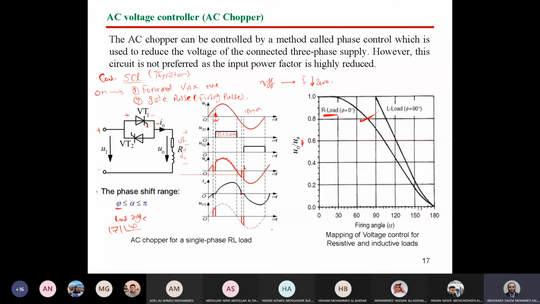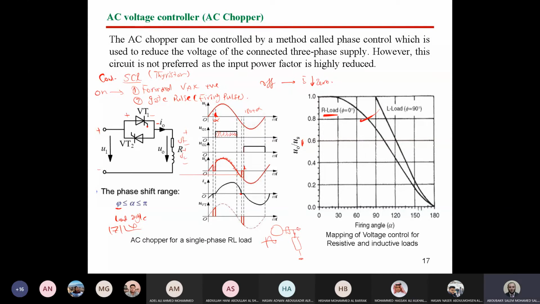If you have a supply here and you have a certain load, and you have a converter. Now, if the supply is sinusoidal and you have a device here, and you make the voltage here be part of the waveform, where will the other part go?